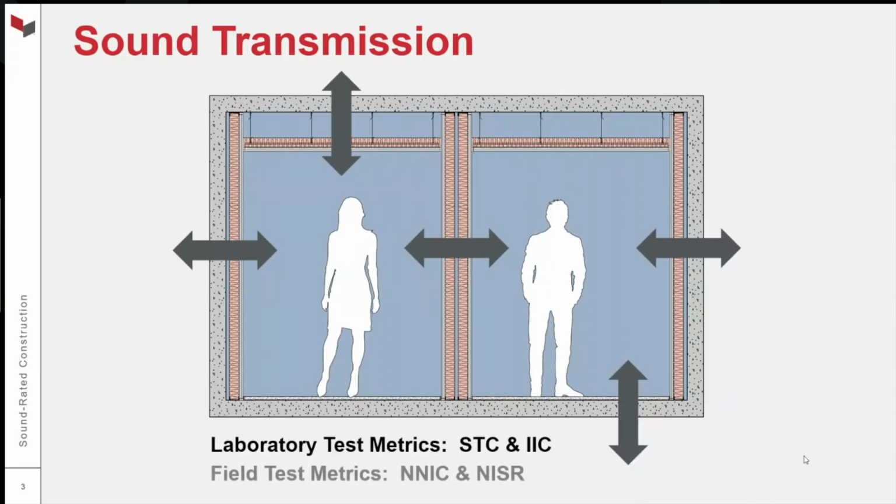There are field test metrics that align with both airborne and impact, and those are NNIC, normalized noise isolation class, a field measurement of airborne sound transmission, and then NISR, normalized impact sound rating, the field metric that's comparable to IIC. There are other field metrics. I'm going to touch on just these 2 because these are the 2 metrics that are referenced in the IBC, the International Building Code.